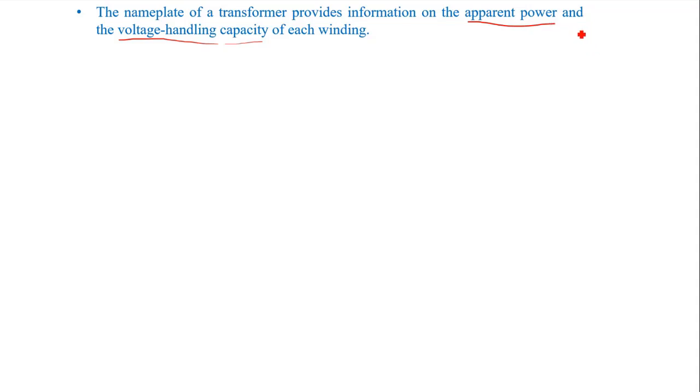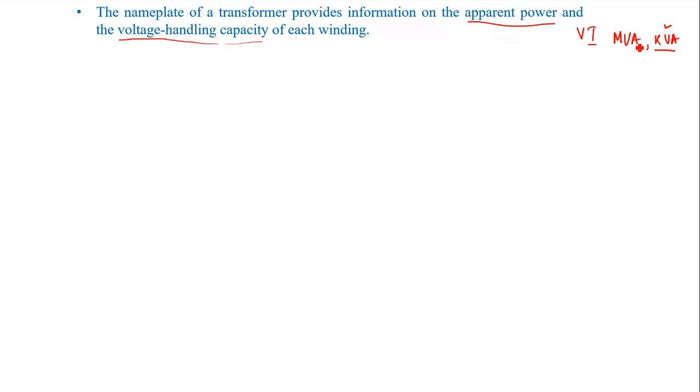Here the apparent power is VI, right? That is in MVA or kVA. If it is a small transformer, it is mentioned in kVA, or if it is very small, in VA. So the apparent power unit is kVA, MVA or VA, volt ampere.